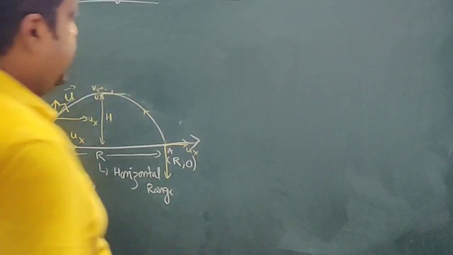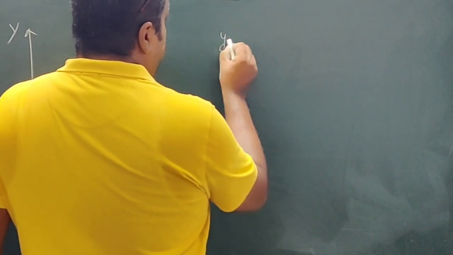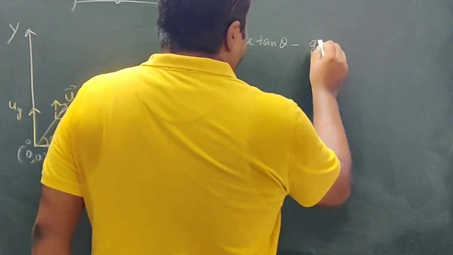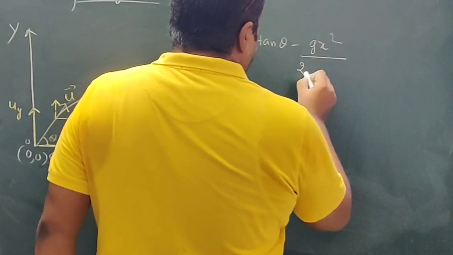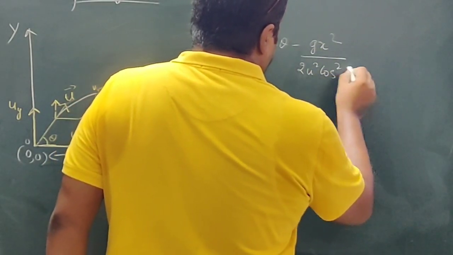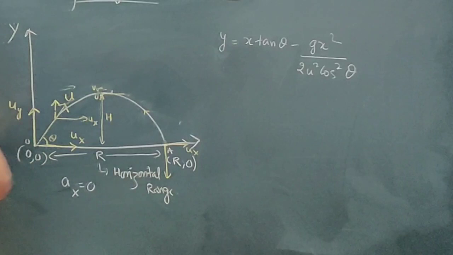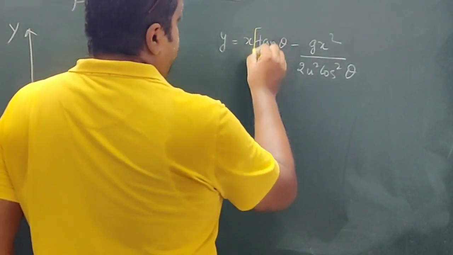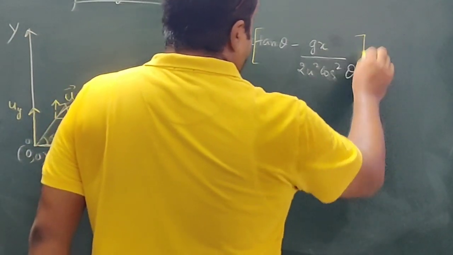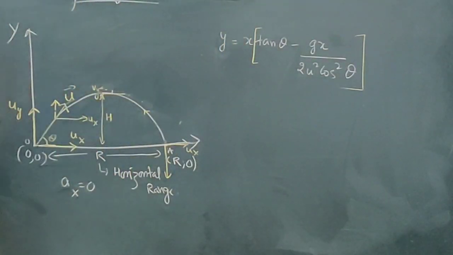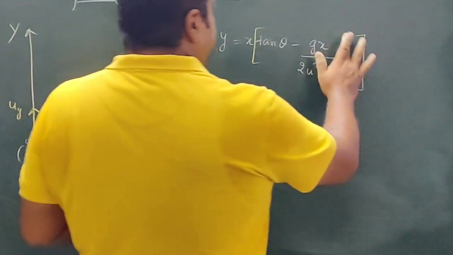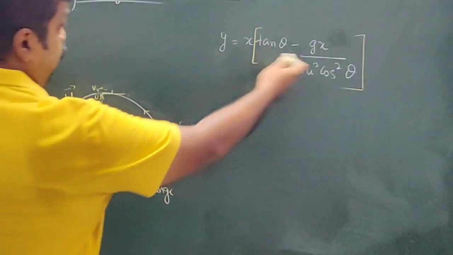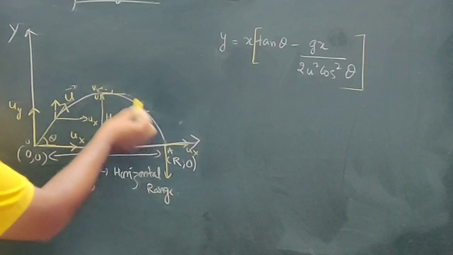Now we have the equation y is equal to x tan theta minus gx square divided by 2u square cos square theta. Now I can write this equation like this if I take x common. This equation represents this path.